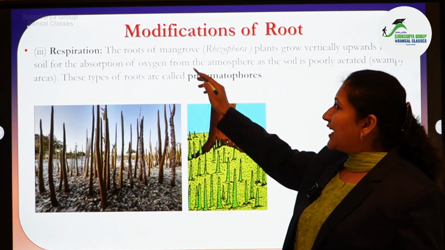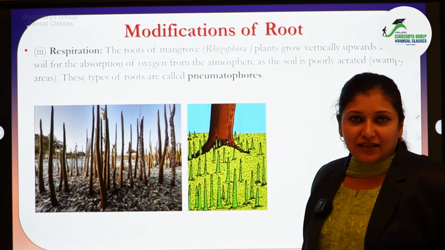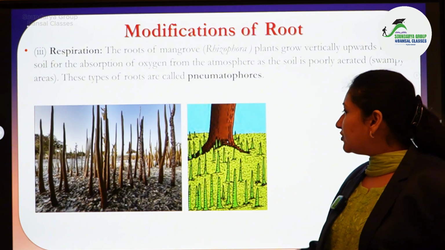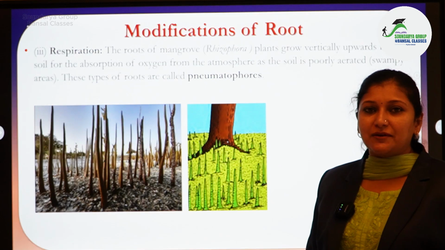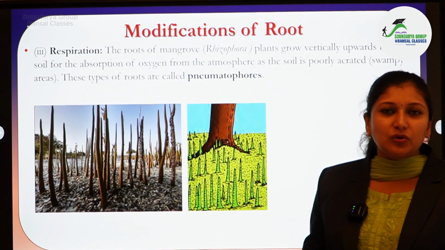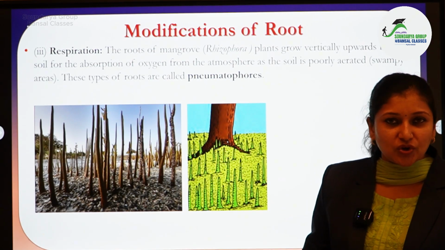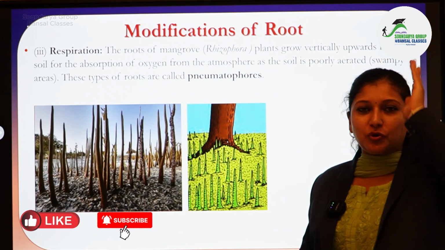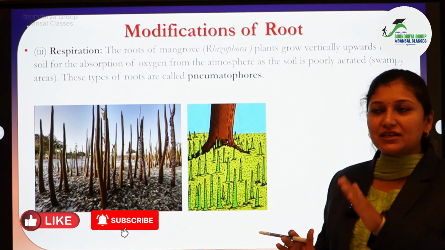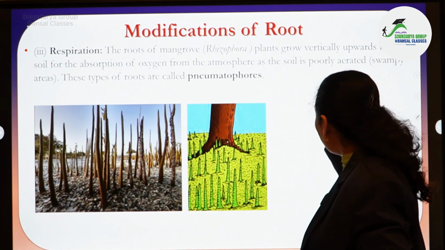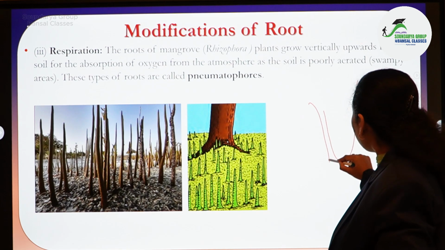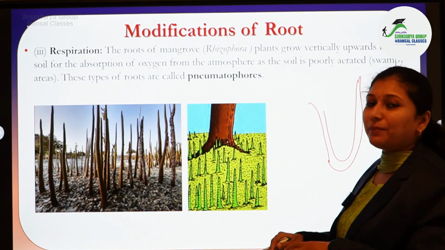Then the last modification according to NCERT is respiration. These roots which are developing are not towards the ground. That means they are opposite to the ground, or we can say negatively geotropic and positively phototropic. Photo means light; towards the light it starts growing. You can see here, first they are growing downwards, then they come vertically upward to breathe.